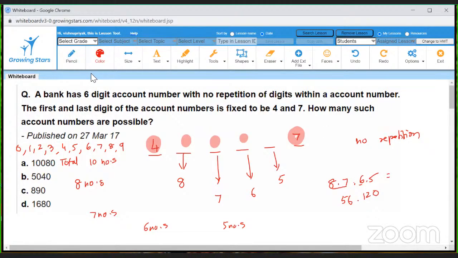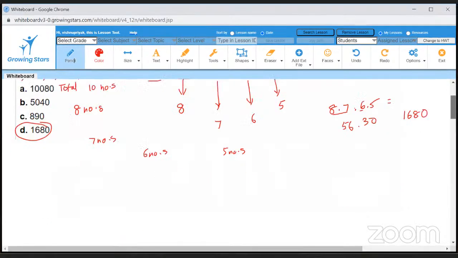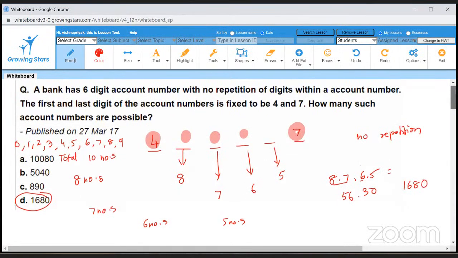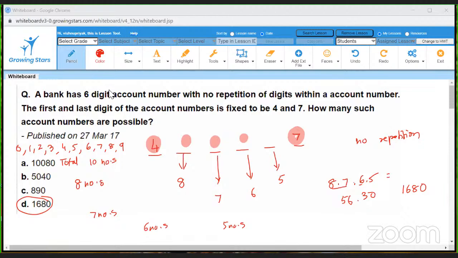So 56 into 30 ways are there, and that is 1680. Easy to multiply. We have to multiply because all the options end with 0, so we cannot select one directly like that. Multiply and take. Yes, there is no 4 at all, it is 8, 7, 6, 5. By mistake I wrote 4.